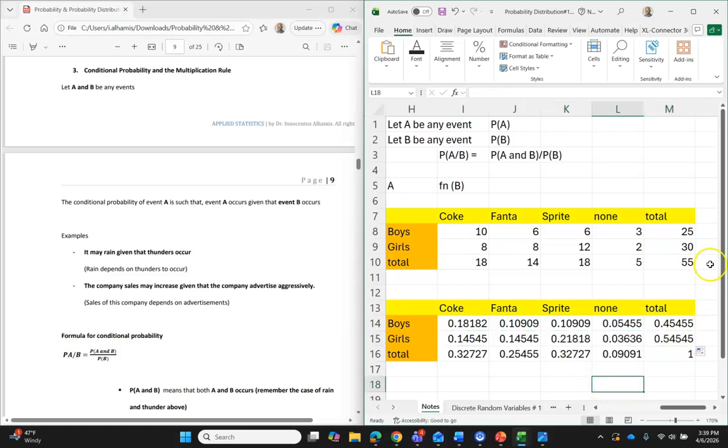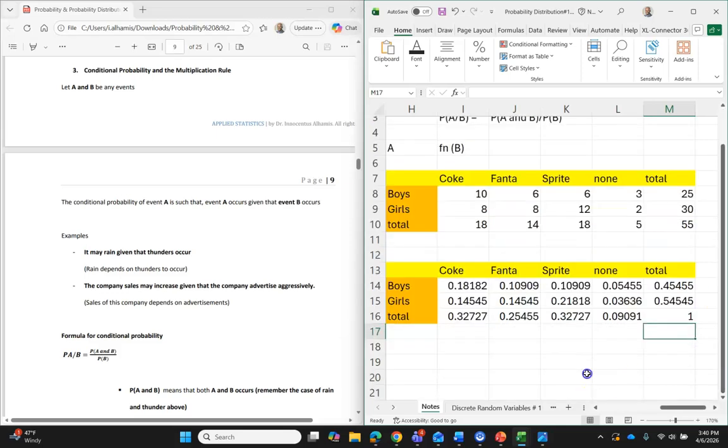So you can see 55 here, 55 divided by the 55, which will give us 1. And remember, when we add probability, we will get the total, that is 1. And that's what we got here. Okay? So we have changed these preferences to probabilities.